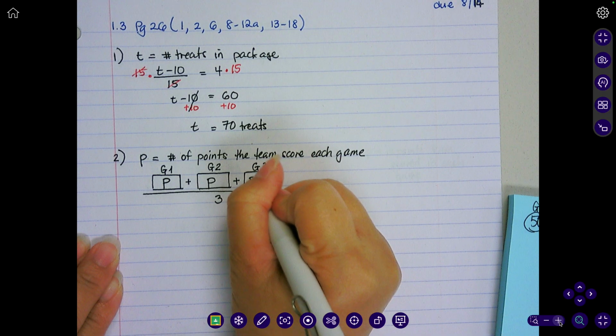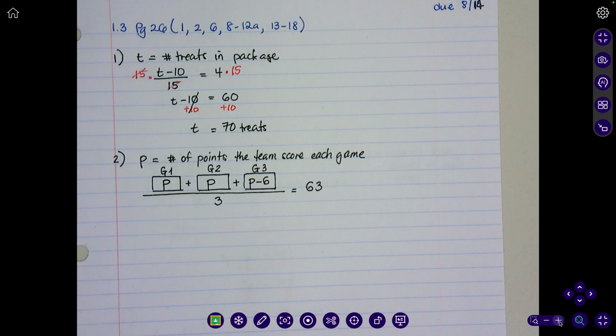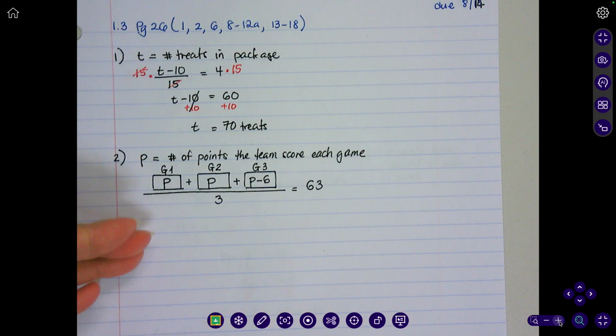So we gotta go P minus 6. Okay, math can be confusing, so try to pick some numbers to help you understand it. Once you understand, then you can rewrite that as a variable.